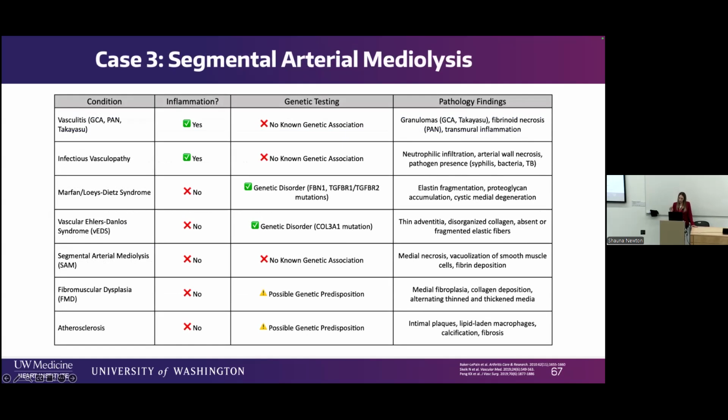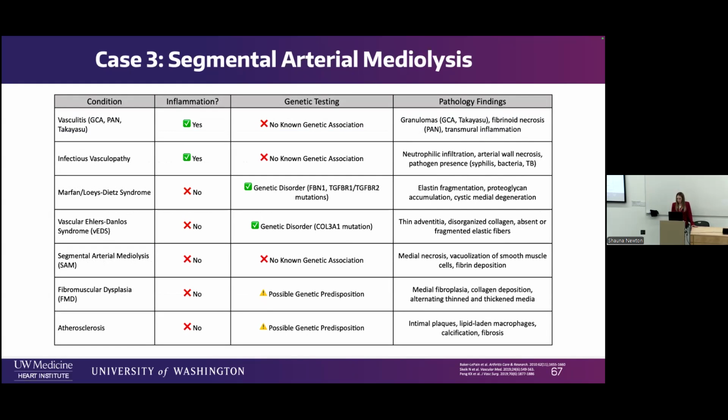Here's how I think about the differential diagnosis. I made this chart. When you're thinking of patients that have diffuse vascular conditions, there's a few things that you want to evaluate for. One, is there any evidence of inflammation? If there is inflammation, then that brings you down a pathway of evaluating for vasculitis or infectious vasculopathy.